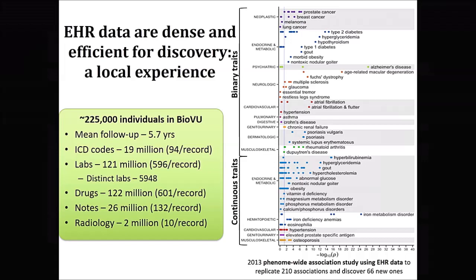And what you can see is everything to the right of that light blue line is a replication. So overall, we replicated 66% of those things using this fast way of phenotyping from a record that we would have adequately powered for, and overall replicated 210 known associations and discovered about 70 new associations in this experiment alone.